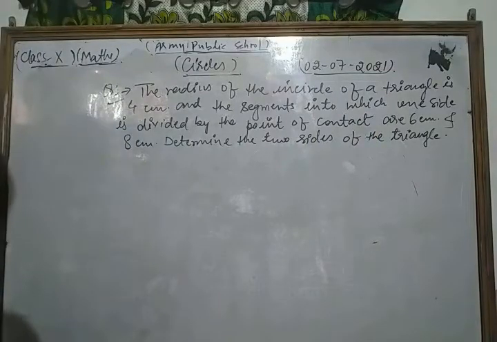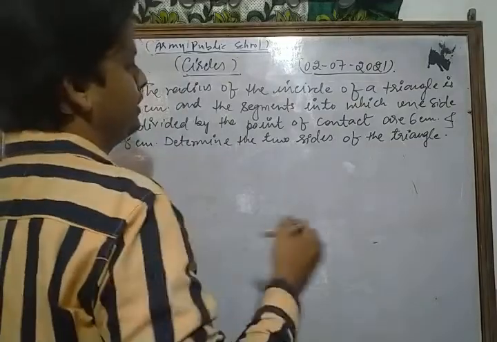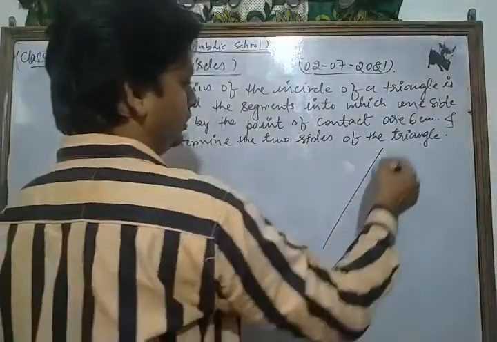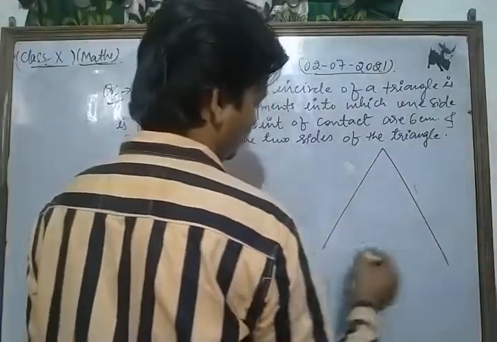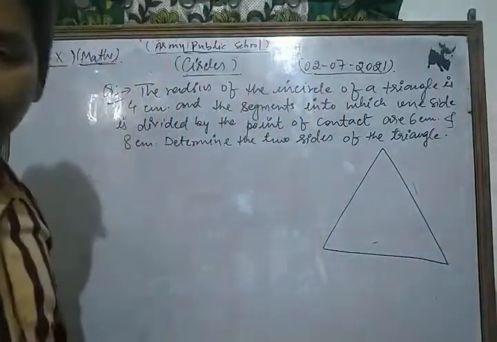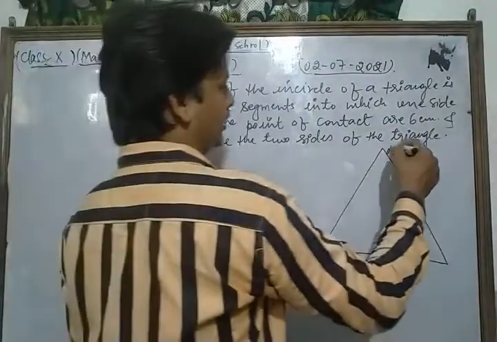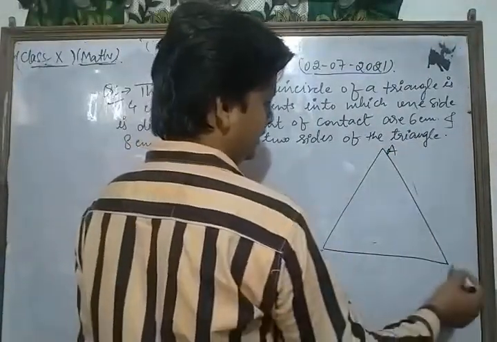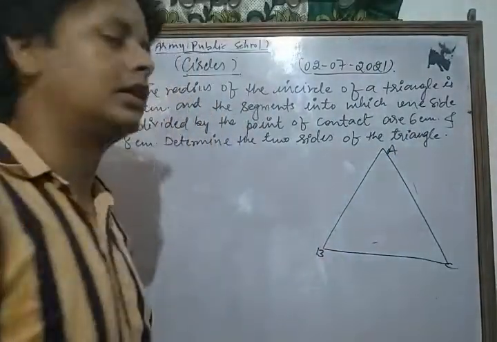So first of all we draw a triangle ABC, and in it we draw an incircle.